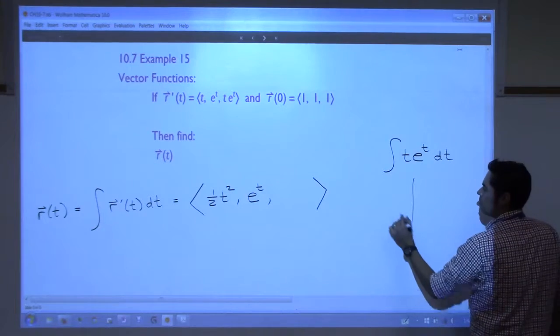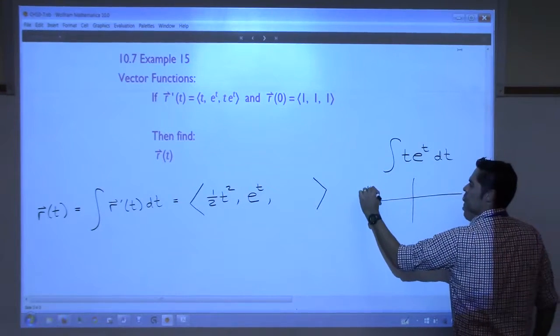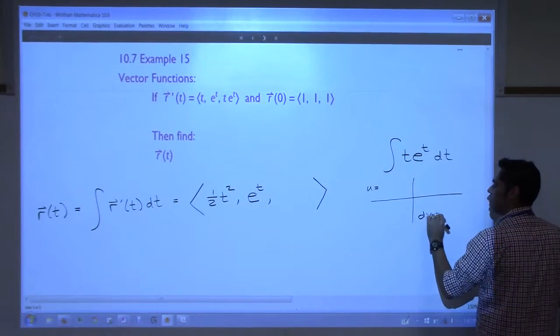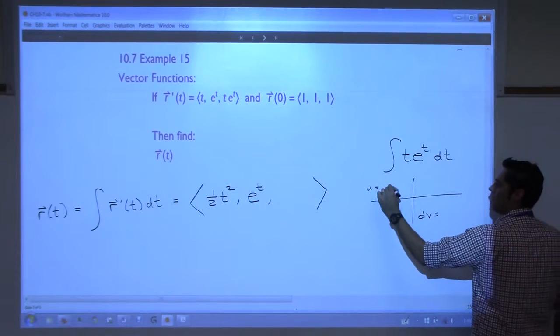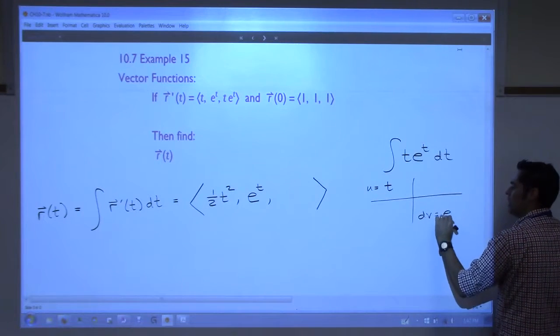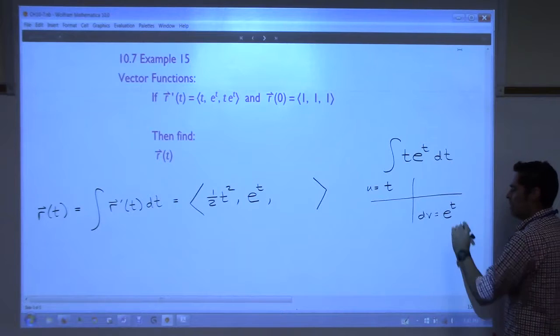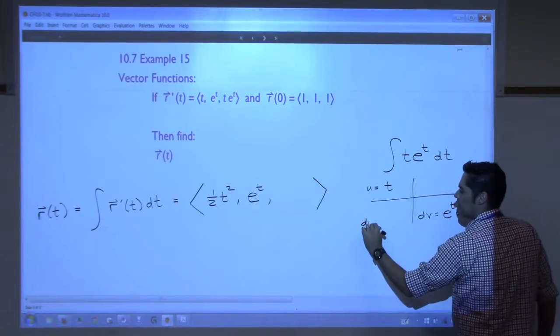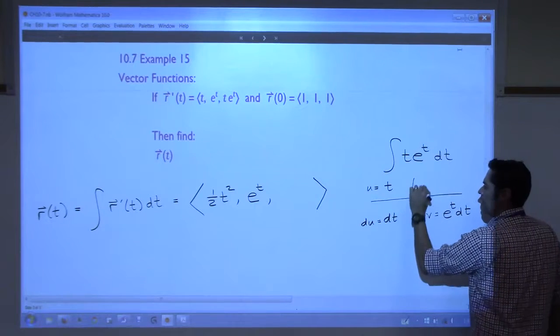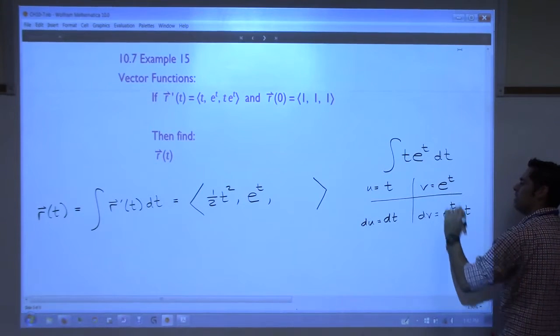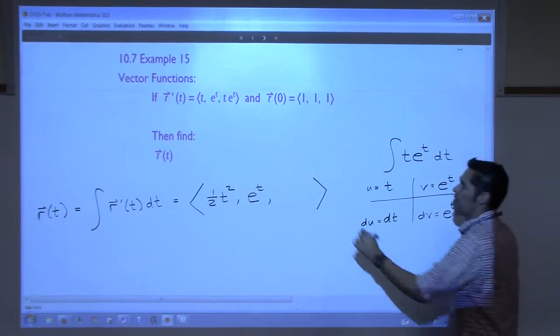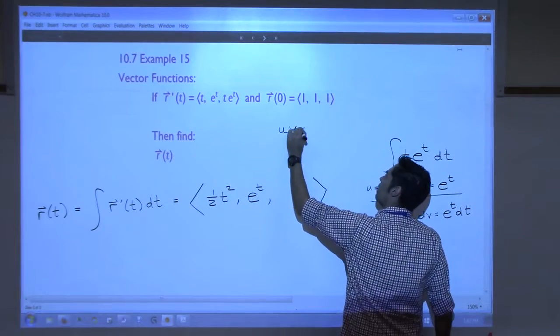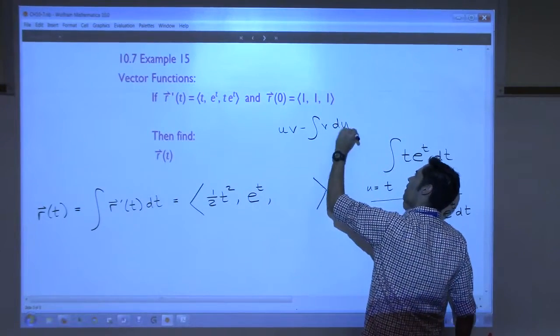the way I do it in my classes is we choose what u is, we choose what dv is. So in this case, u would be t, and dv would be e to the t dt. And then we go down, take the derivative here, du is dt, and v is e to the t. And then we do the formula for integration by parts, which is uv minus integral v du.